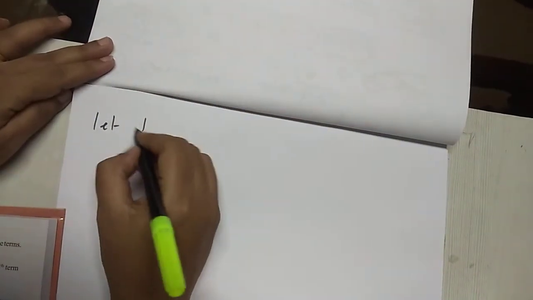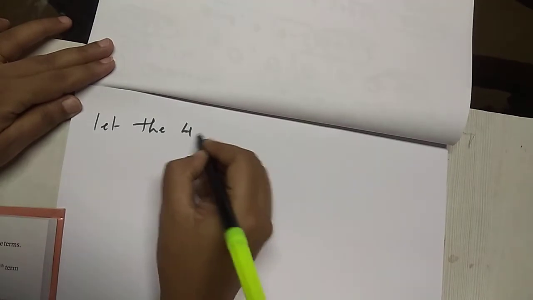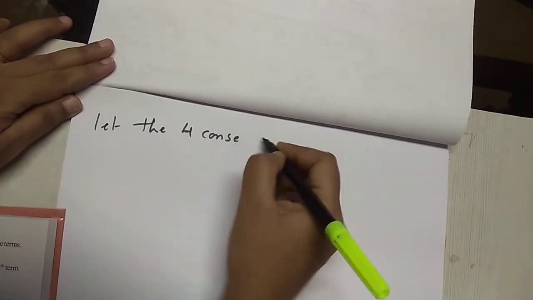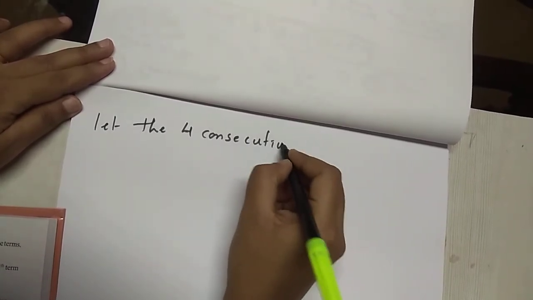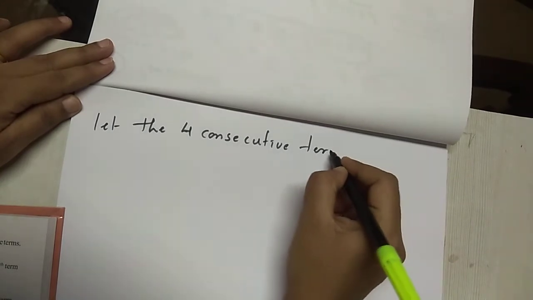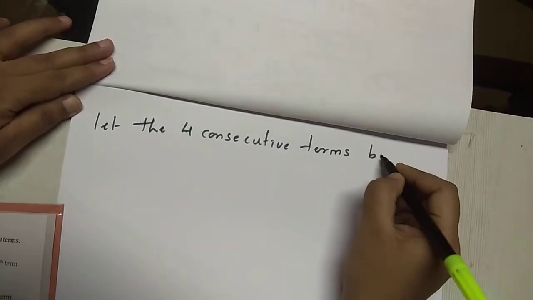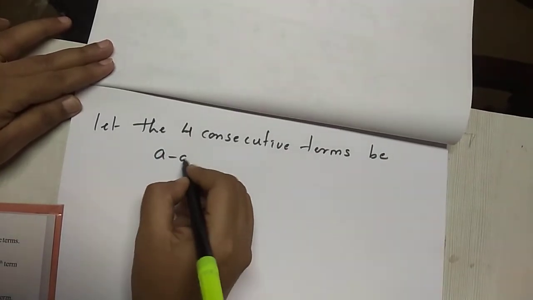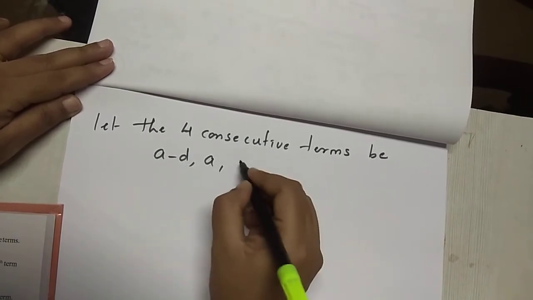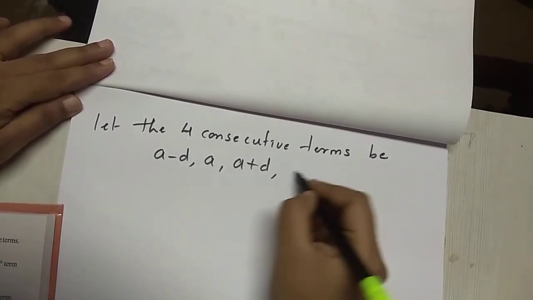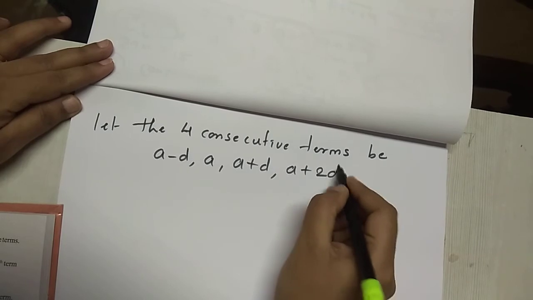Right here, let the four consecutive terms be a minus d, a, a plus d, a plus 2d.